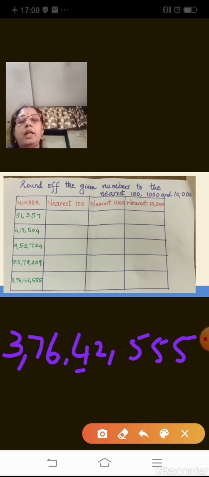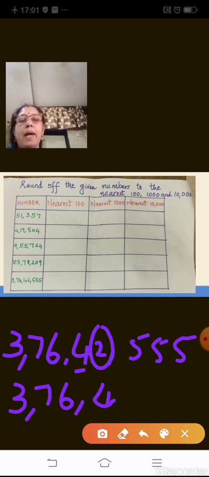So the number in the 10,000 place is 4. So you will see the number in the thousands place. Okay, so here the number is 2, that means it is less than 5. So while rounding off, your number becomes 3 crore 76 lakh 4, you will keep as it is. Why?